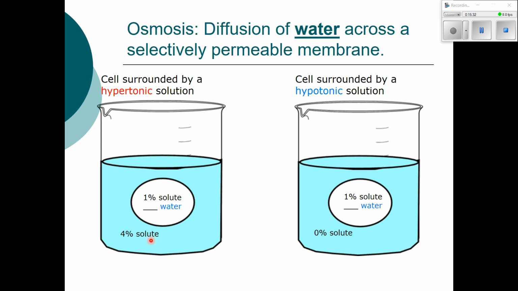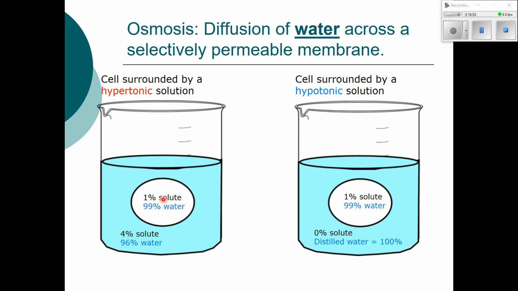It says 4% solute. So that could be salt. This could be a 4% saltwater solution, or maybe it's some kind of sugar. So maybe it's some sugar water that has a 4% concentration of sugar. So whenever you have a solution, if you know the percent solute, then you automatically can figure out the percent water.